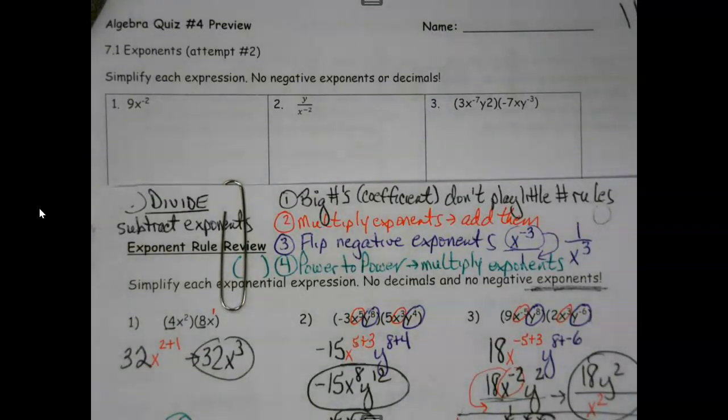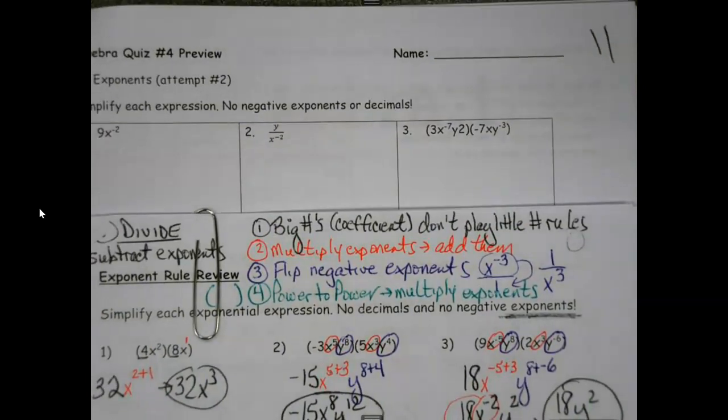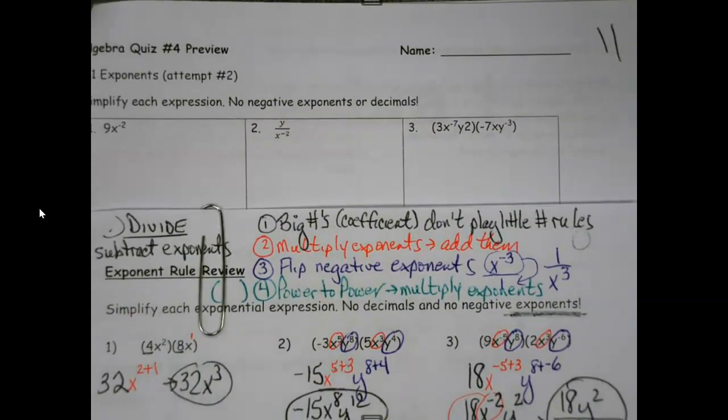exponents. Simplify. No negative exponents or decimals. Okay, so the number one thing here to remember, actually there's two on this first problem, number 1 and number 3. So big numbers don't play by little number rules.